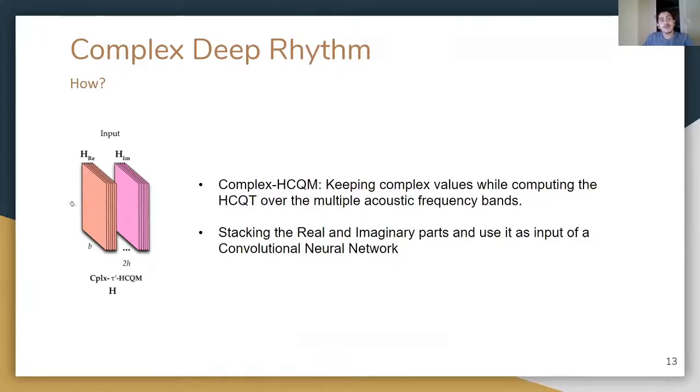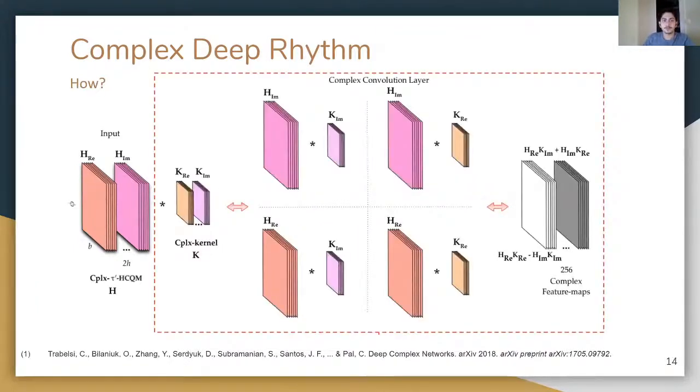Then we stack the real and the imaginary part of the representation and use it as input of a convolutional neural network. To perform a complex convolution, we use the method of Trabelsi, described by Trabelsi. Given the real imaginary input representation, we convolve it with complex kernels, and the resulting filter maps have 2 parts, a real one and an imaginary one.